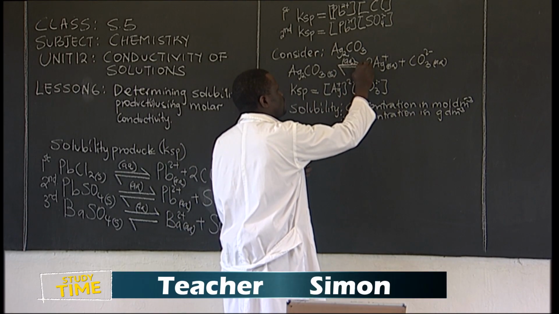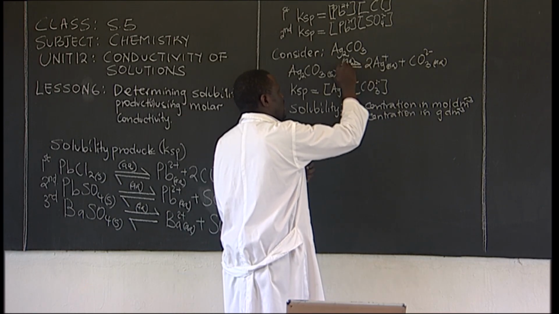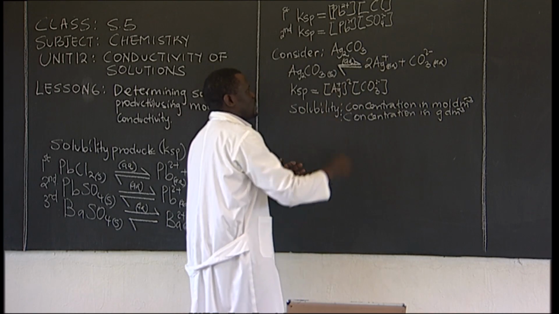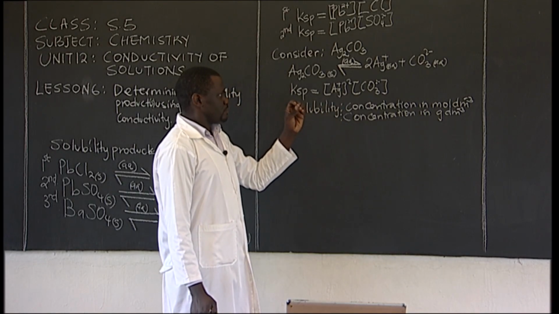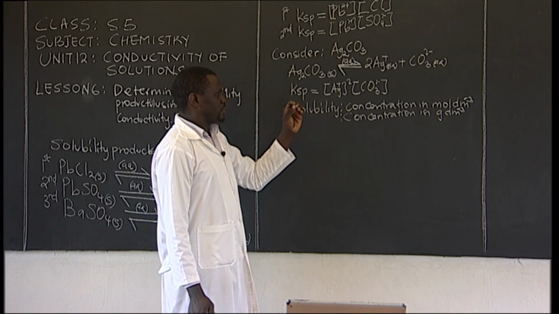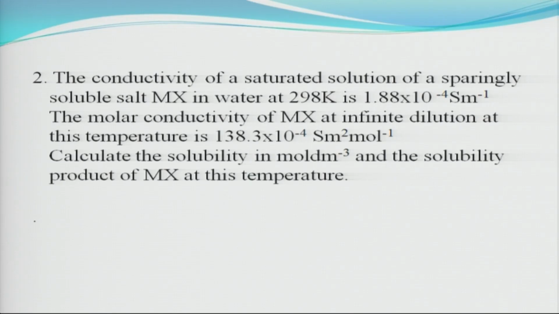If you remember when we talked about weak electrolytes, if an electrolyte is weak, it will not dissolve completely in water. It doesn't dissociate completely in water. Even this one does not dissolve completely in water. That's why we have that one here.